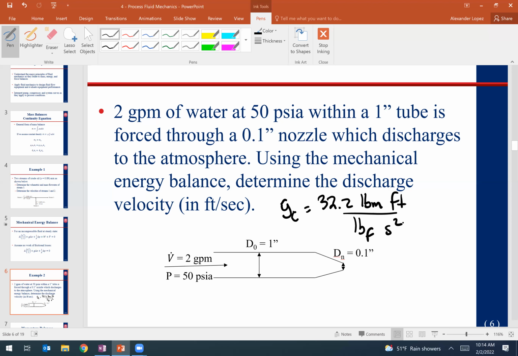I got a non-real answer. Oh, we matched. Oh my gosh. Do you have a negative number for velocity? I don't see the equation.